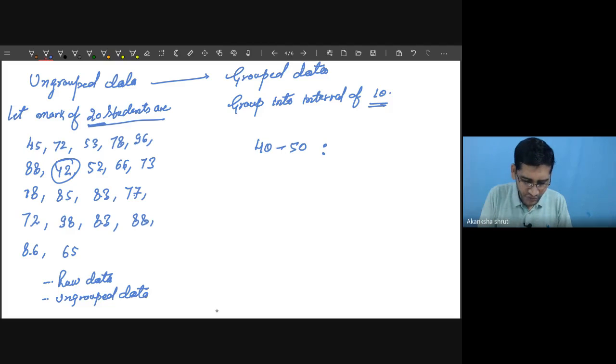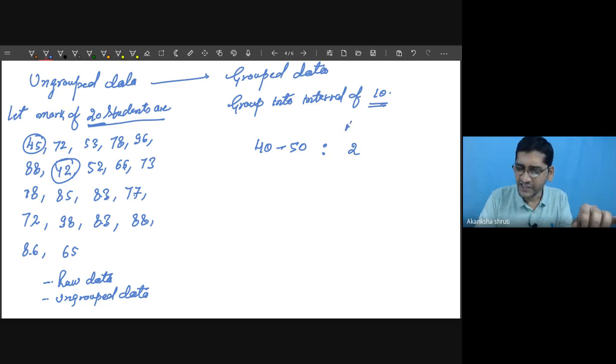Here, in 40 to 50, there are two data: one is 42, another is 45. Any more? No. So the number of data in 40 to 50 is 2. While converting into the group, how is it going to change? Individual data is not important; rather the number in a particular group becomes important.